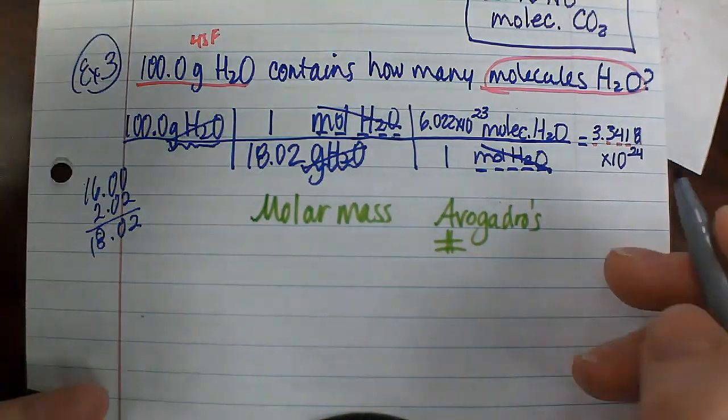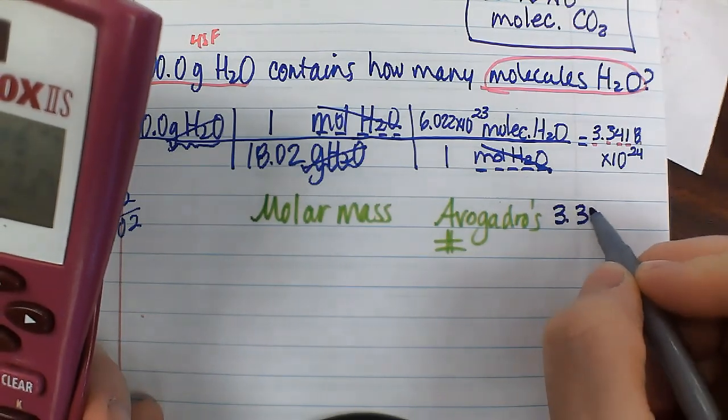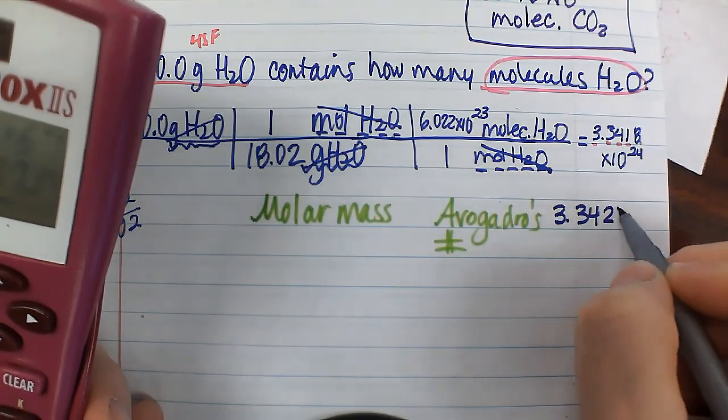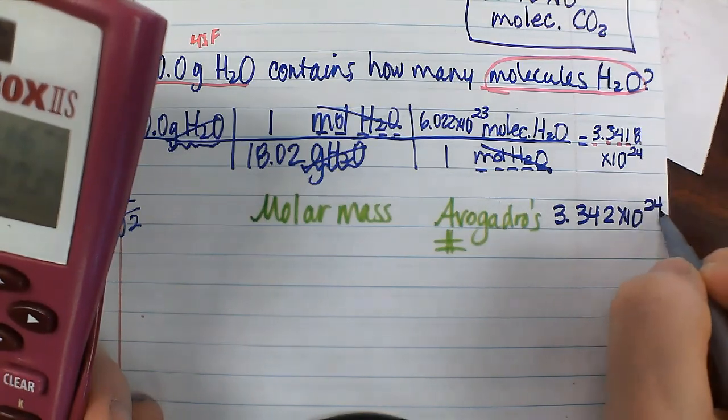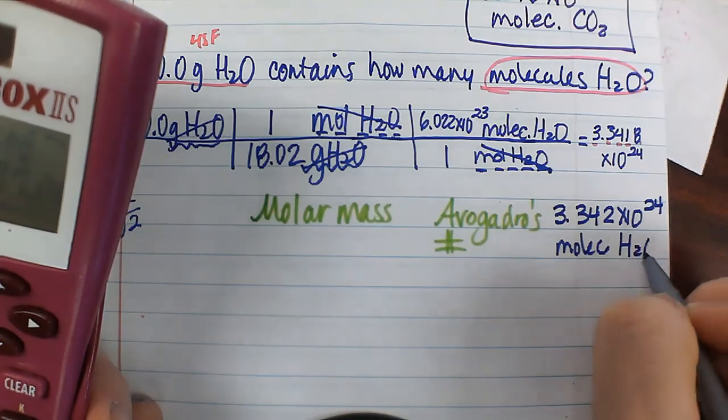The 8 is going to make that one round up, so my final answer is 3.342 times 10 to the 24th molecules of water.